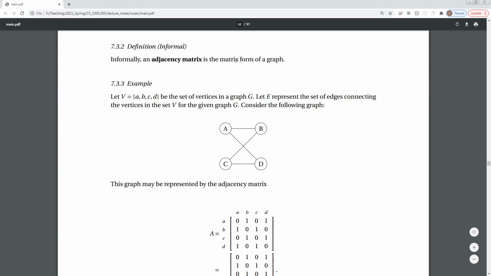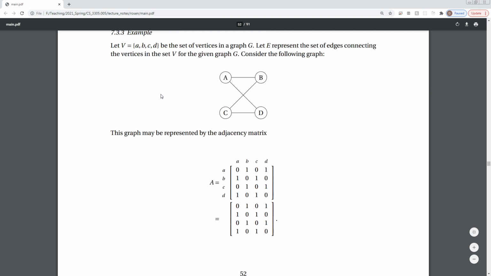Okay, so informally, an adjacency matrix is the matrix form of a graph. So here's a graph, here's the adjacency matrix. For example, given some set of vertices A, B, C, and D, for graph G, let E represent the edges connecting the vertices. For the given graph G, consider this example, the hourglass example.